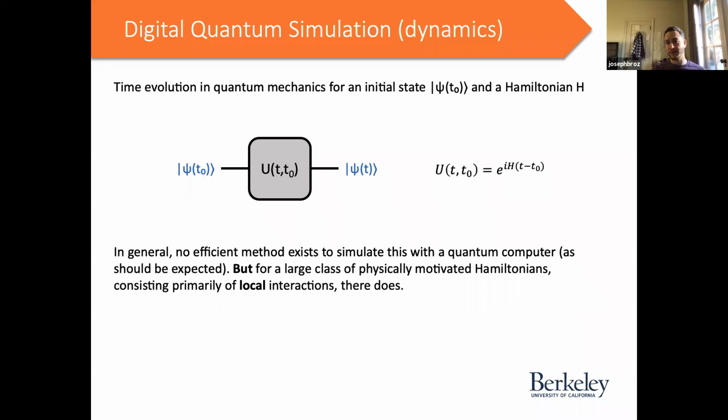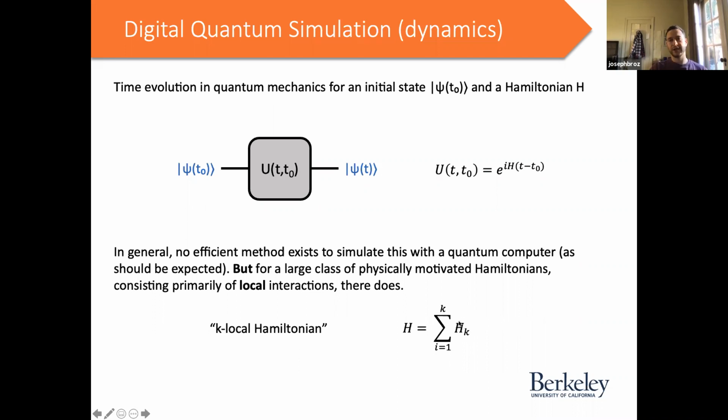If you have a very large system of quantum objects, then the chances are some object over here and some object over here, if they've been interacting with each other for a while, they might be entangled, through mediating interactions. But all we care about is that the interactions themselves that are happening are just locally spaced. And so what that means in practice is that I can decompose this big H into a sum of these smaller Hamiltonians.